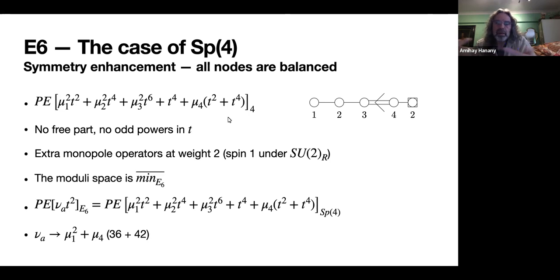So we get an association between the property of being pseudo-real under the global symmetry and having odd powers in t. This is a feature which shows up in many more examples and just needs to be exploited with reference to other considerations, which I will not go over. Any questions?